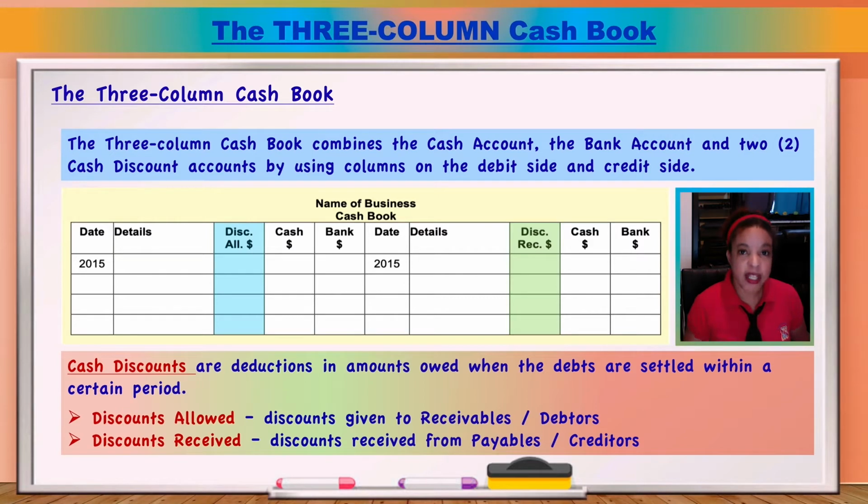For example, if they tell you that if they pay the $2,000 in a month's time instead of the full term of 2 months, then they will give you $200 off. So what would that do? The receivables will say, oh, we can save $200. And they will therefore try their best and make the payment in a month's time instead of waiting for the full 2 months and then pay you.